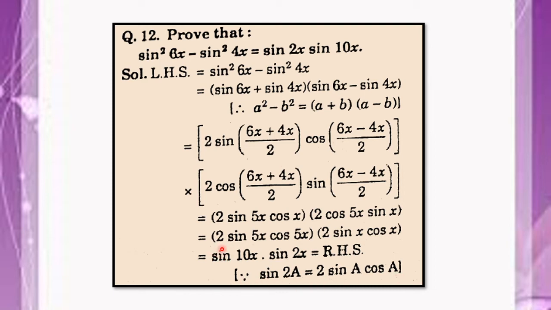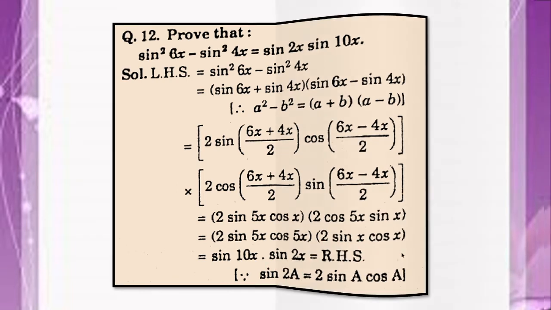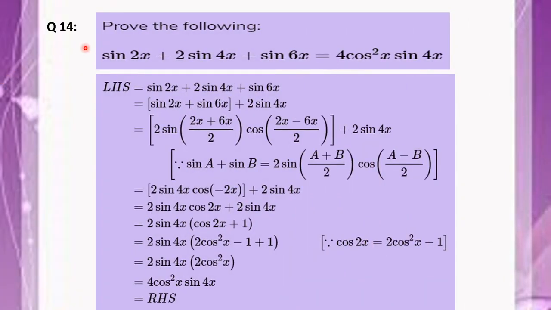So here 2 sin x cos x is equal to sin 2x. So 2 into 5x means 10x. Same way here also 2 sin x cos x is equal to sin 2x, which is equal to the right hand side. Question number 14. Here sin 2x plus 2 sin 4x plus sin 6x.